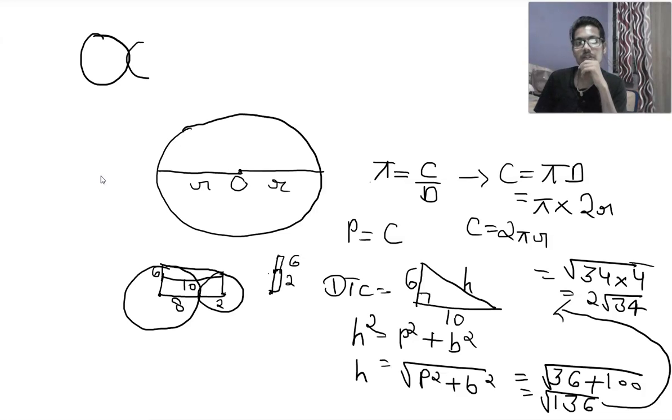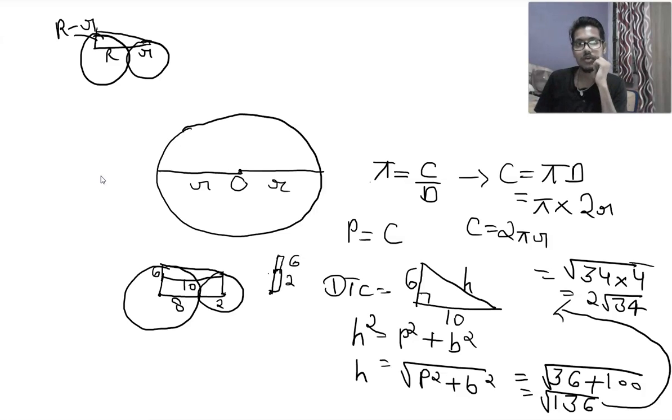Now from here we can make a formula for the direct common tangent. It's a bigger circle, it's a smaller circle. The radius of the bigger circle is R, the radius of the smaller circle is small r, and the perpendicular side here is R minus r.